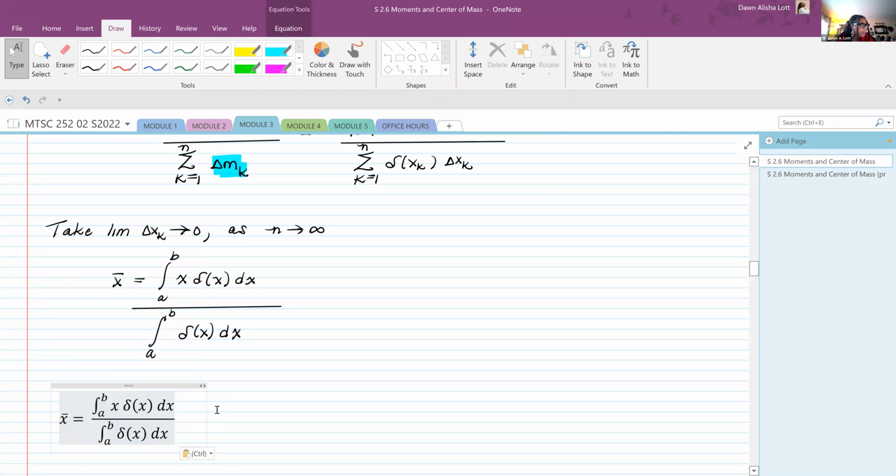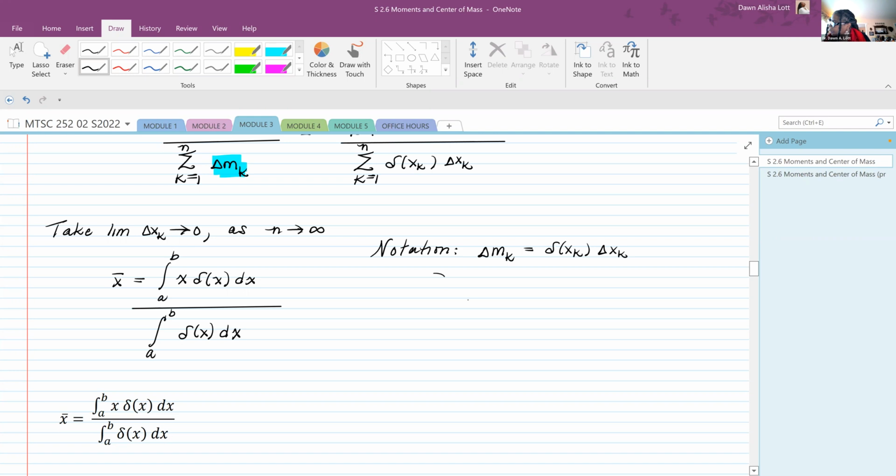Now, if you look at the notation, we have delta mk is equal to delta of xk times delta xk.